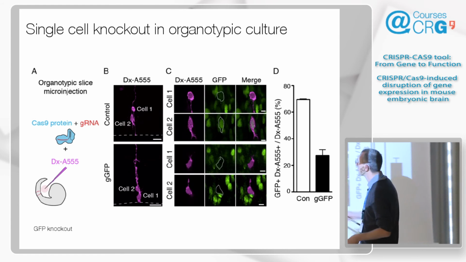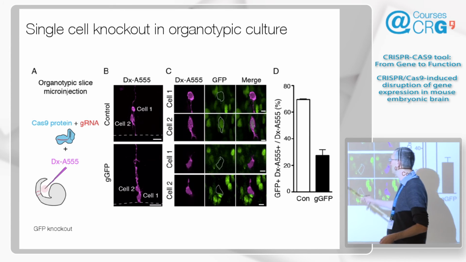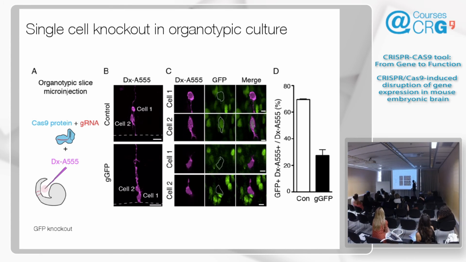In this case, you'll see this Cas9 and a guide. There's the control guide again, and the GFP is not disturbed. Then there is the GFP guide, and very nicely, wherever we put it in, it's gone. So that's good. The dye here is, I think, Alexa or something like this, coupled to dextran.